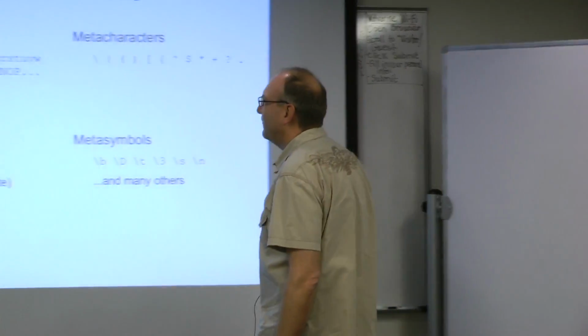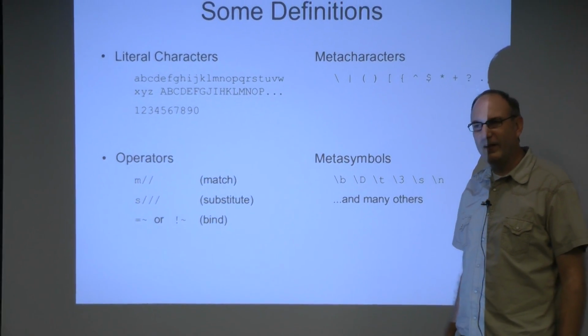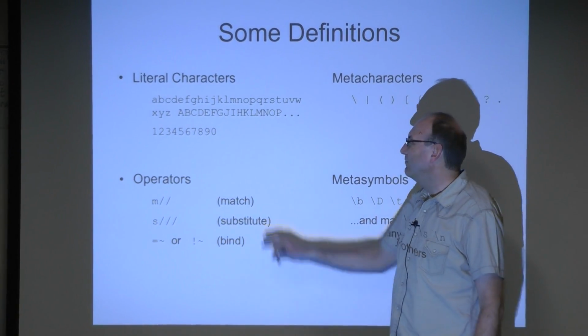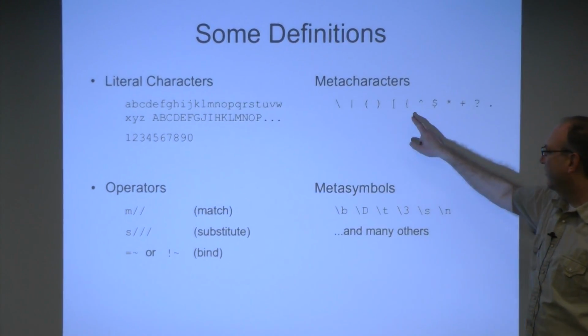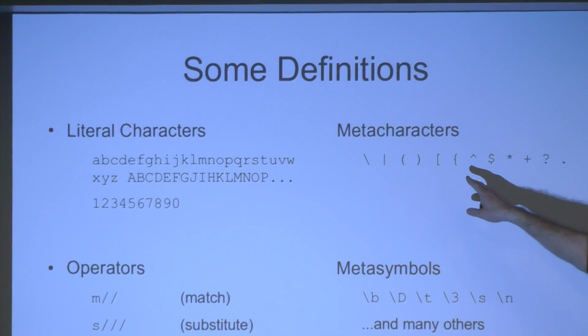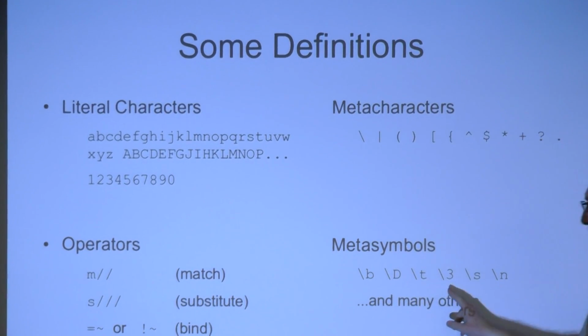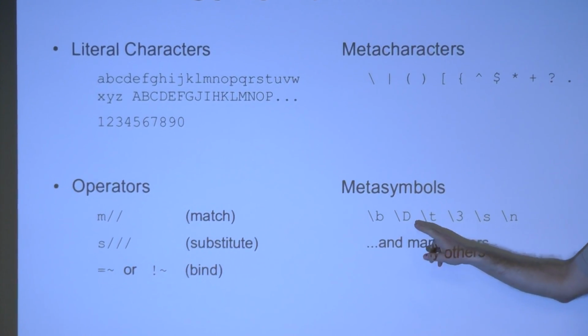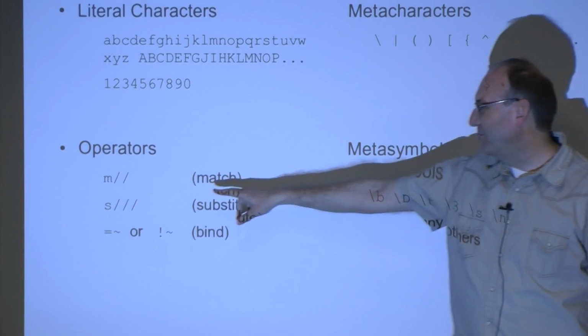So, a few definitions right up front. Regular expressions can, within their patterns, represent literal characters. There are meta characters which give other characters special meanings. There are meta symbols which can represent various things. And then there are operators.